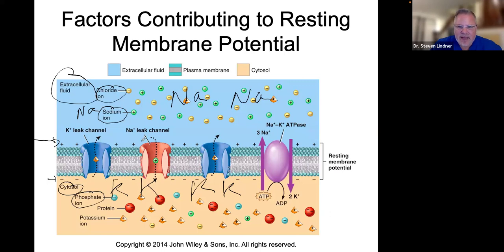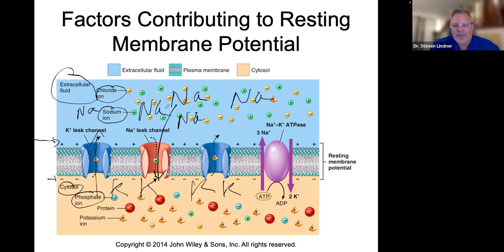You can also see that when you have potassium going out and you've got sodium coming in, you don't need any ATP for that. You don't need any energy. Why? Because if there's more sodium outside, then the concentration gradient says things go from a higher concentration to a lesser. So it's going to move intracellularly. And because there's more potassium inside than outside, potassium is going to go from an area of higher concentration to less.